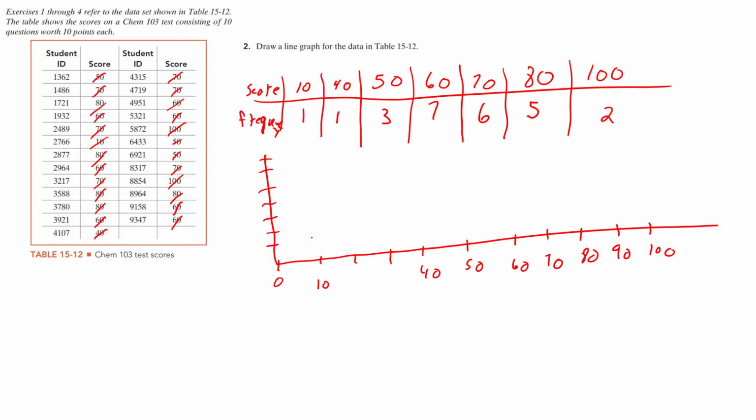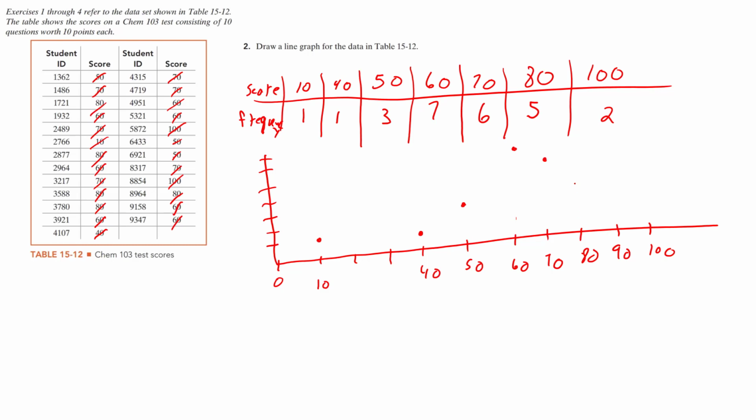Now for a line graph, which is what we're being asked to do, draw a line graph. For 10, there's only 1, so we just put a dot there. For 40, there is 1, so we put another dot there. And then for 50, we put a dot at 3. 1, 2, 3. And then for 60, there's 7, all the way up to the top. And then for 70, there's 6, 1 down from the top.